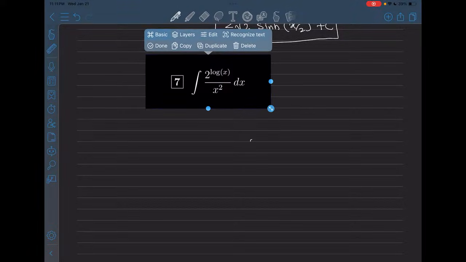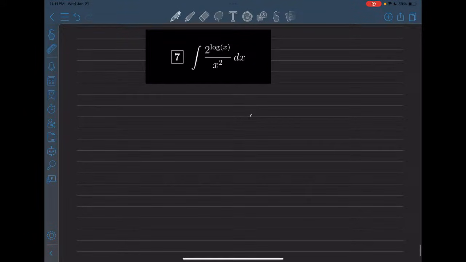How will you guys do this problem? I don't think this is actually a hard problem, but let's see, it could be hard. Do you guys know this idea? The fact that a to the power ln b can be written as b to the power ln a. Is that even a thing?